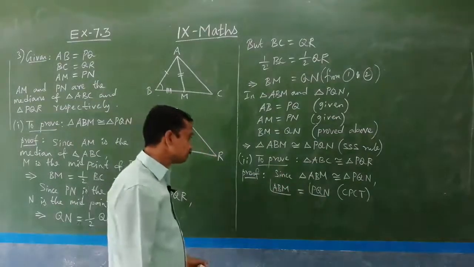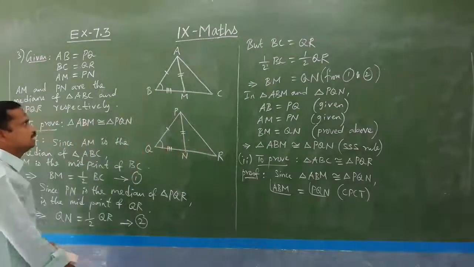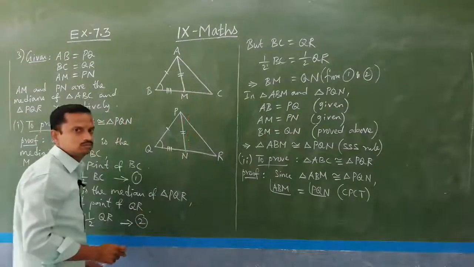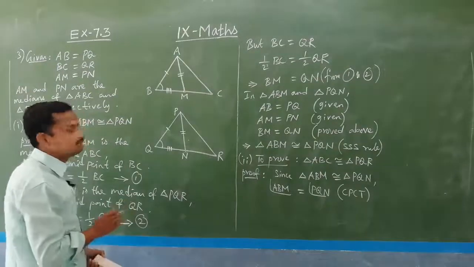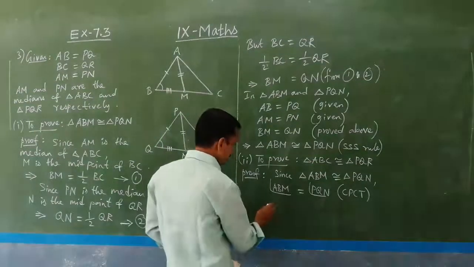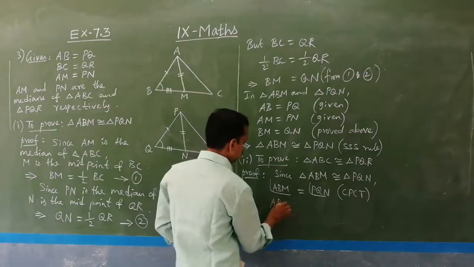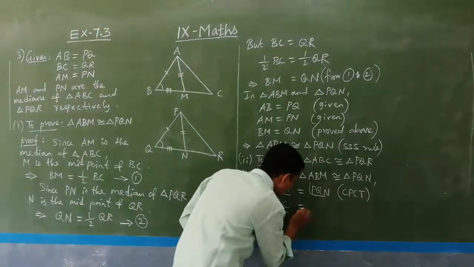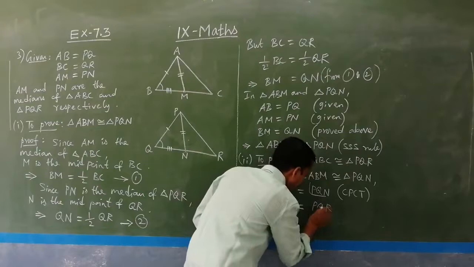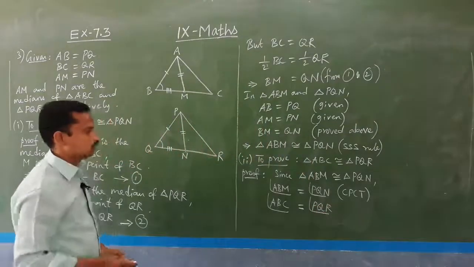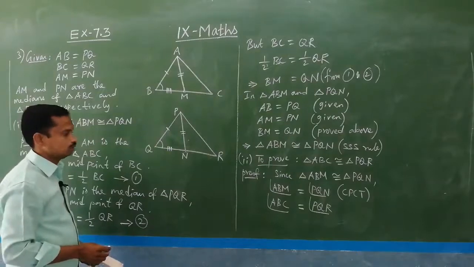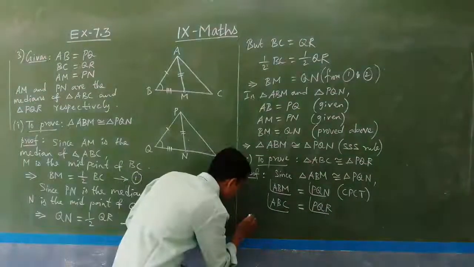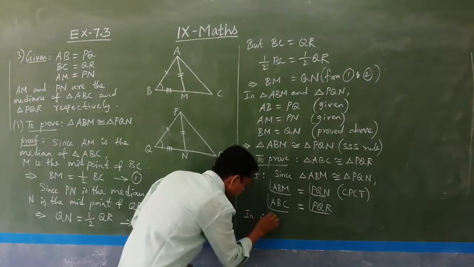Now angle ABM we can name as ABC, because BM is just extended up to C. Am I right? So you can write ABM as ABC also. Nothing wrong there. So angle ABC is equal to angle PQN, and in the same way PQR we can write. These two angles are equal. So easily we got one pair of angles equal.